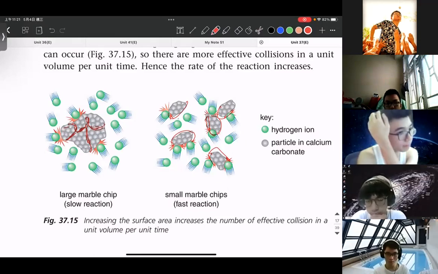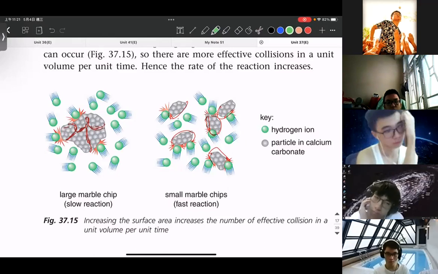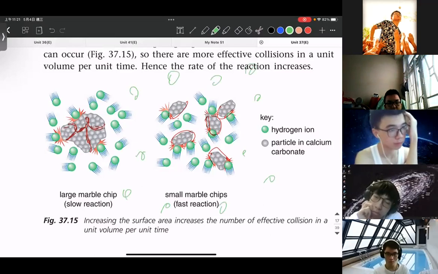So remember, even though the acid will be of larger volume, as long as it is not close to the solid surface, it still doesn't affect the rate of reaction. Do you understand? Just like you are going to find some girls to have a chat.